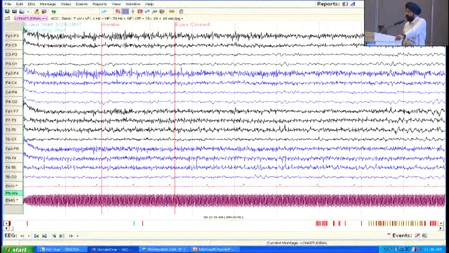Now again, eyes are closed and the patient seems to be quite tensed maybe, and we can see it is over the anterior FP1, F3, C3, and the same over FP2 and F4. However, the patient has tightly closed the jaws also, as we see the lateral leads also showing similar fast activity, which is more than 50 hertz or in that range.